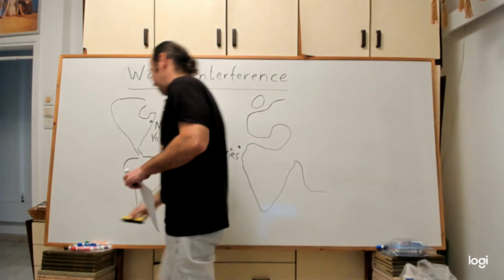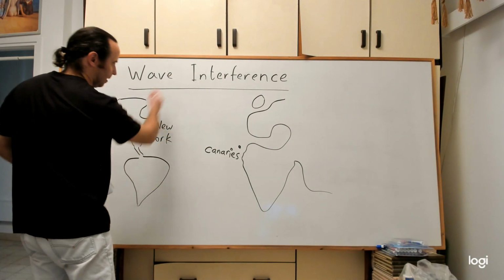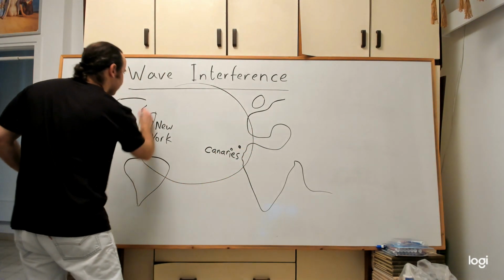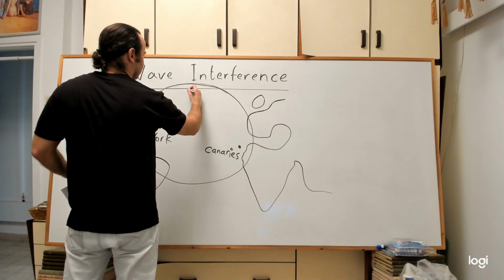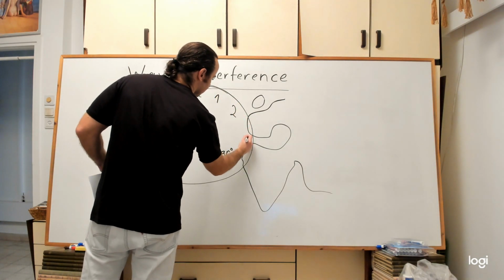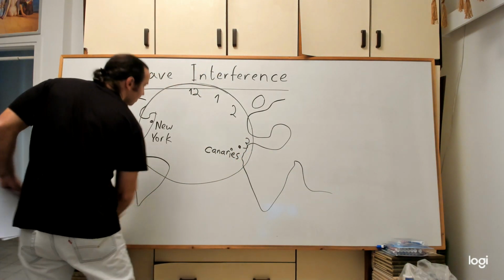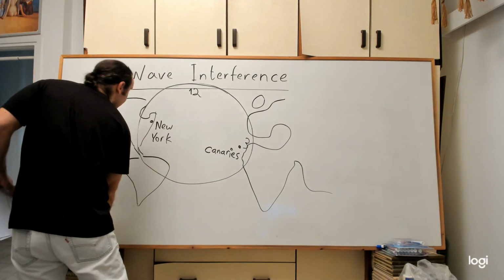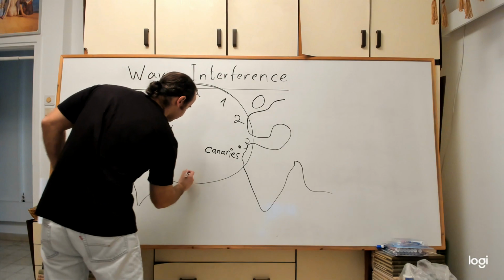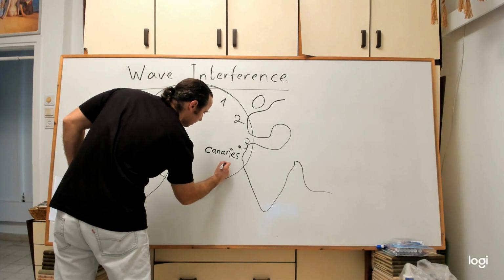Okay, so I made like a watch, and here is the hour 12, and here is 1 and 2 and 3. Okay, so the Canaries are at 3. And at 6 we have nothing, but let's write it anyway.